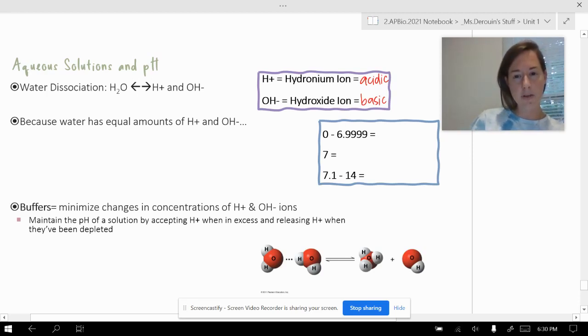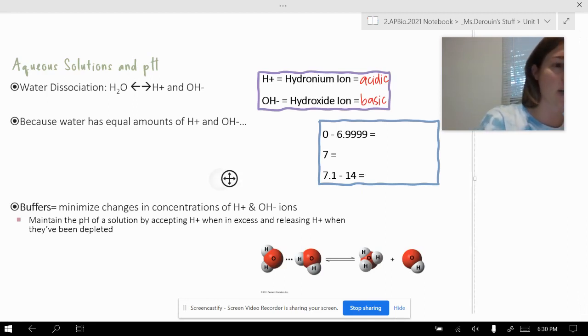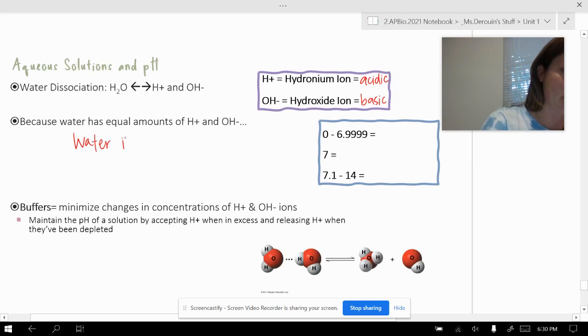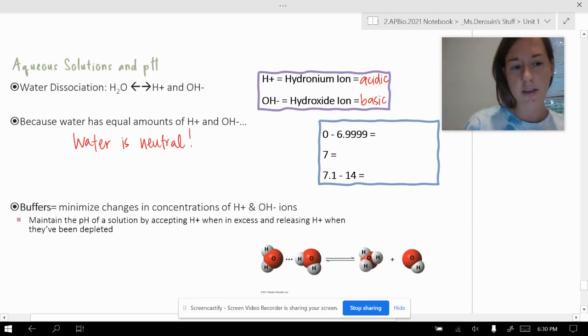Because water has equal amounts of both of these things, water is neutral. You hopefully remember that a neutral pH is a pH of 7.